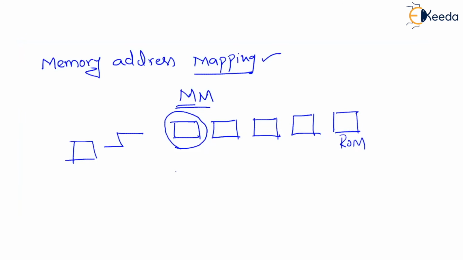Let us see how this is going to happen. We need to divide our main memory into multiple chips. For that, let us take an example. By using an example, I'm going to demonstrate how memory address mapping takes place. I'm going to design my main memory with a size of 1024 words.